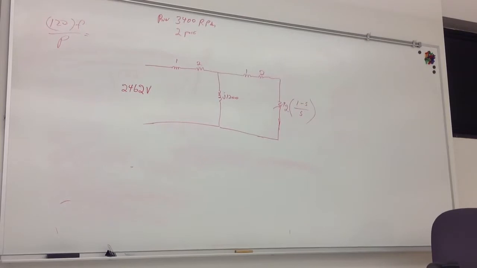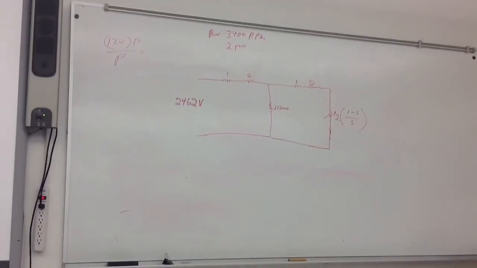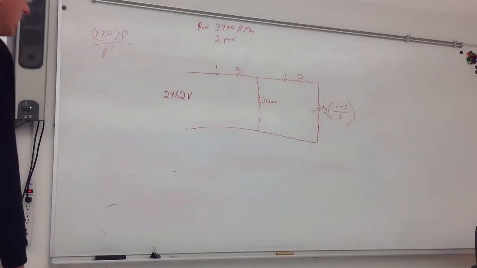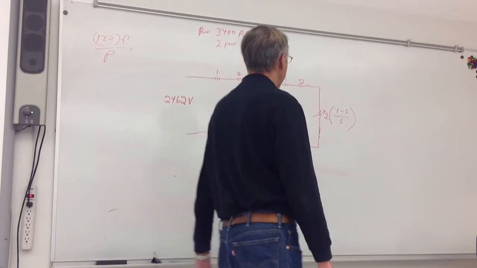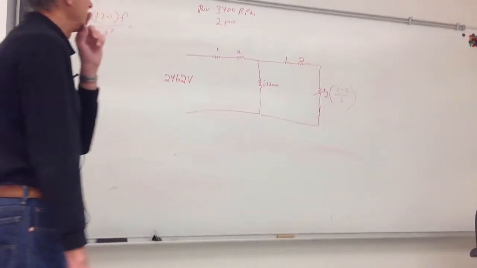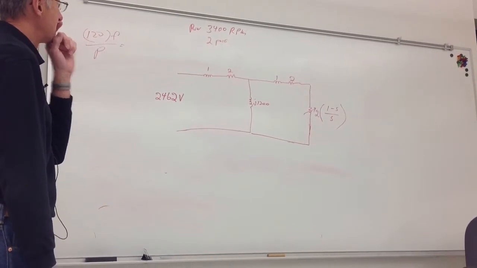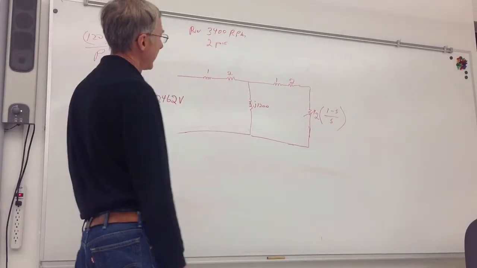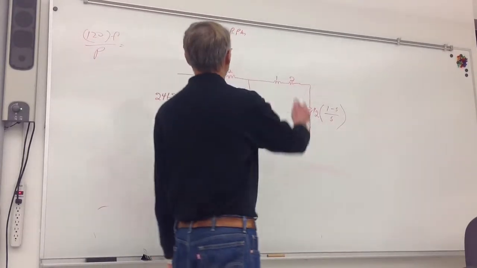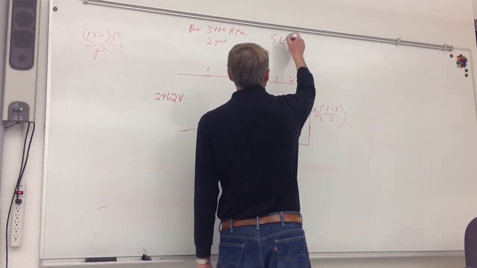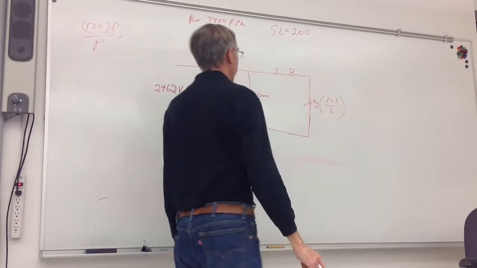So what do we need to do to start? Find the value of the resistance on the right. I didn't put in any stray loss. Say I've got a stray loss of, just a guess, 200 watts, and hope we're lucky that we work this right.